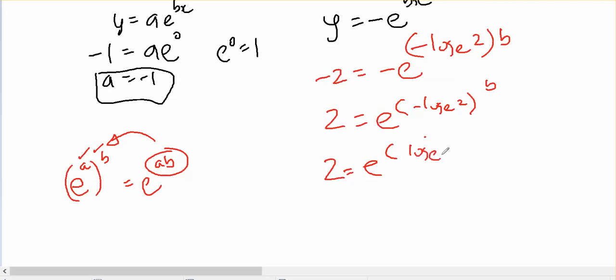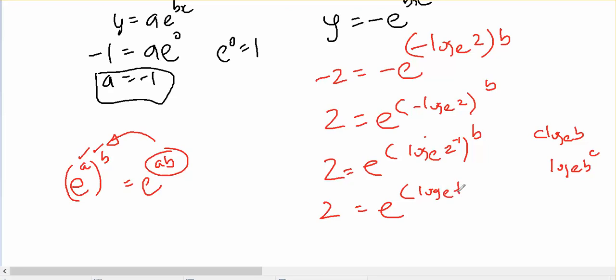So now I've got 2 equals e to the log base e of 2 to the -1, using the third law of logs, that c log base e of b is the same as log base e of b to the power of c. So that -1 I brought up here to the power of b. 2 equals e to the log base e of a half raised to the power of b.